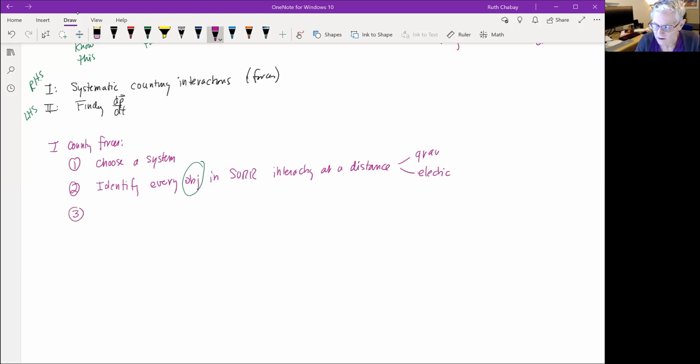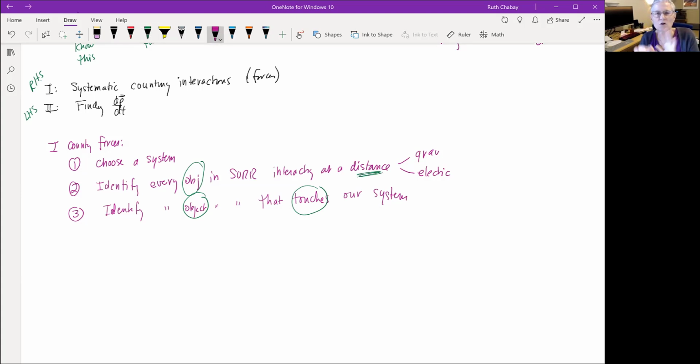The third step is to identify every object in the surroundings that touches our system. The key part here is, again, object, and touching.